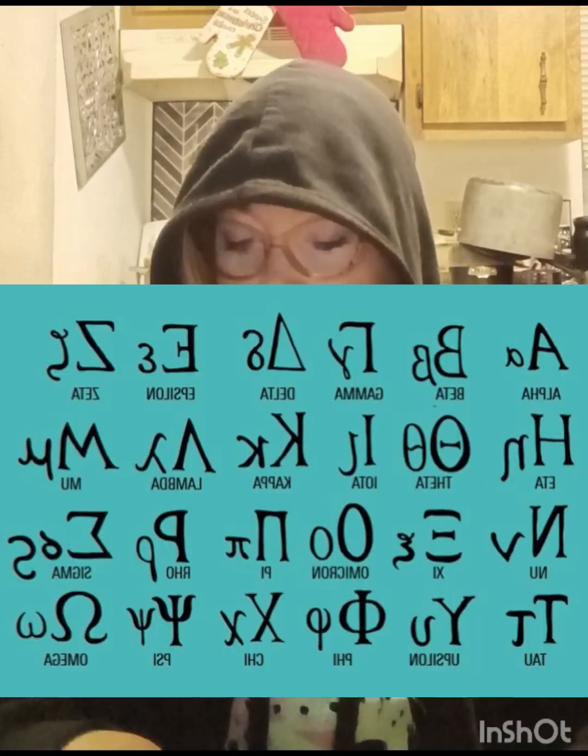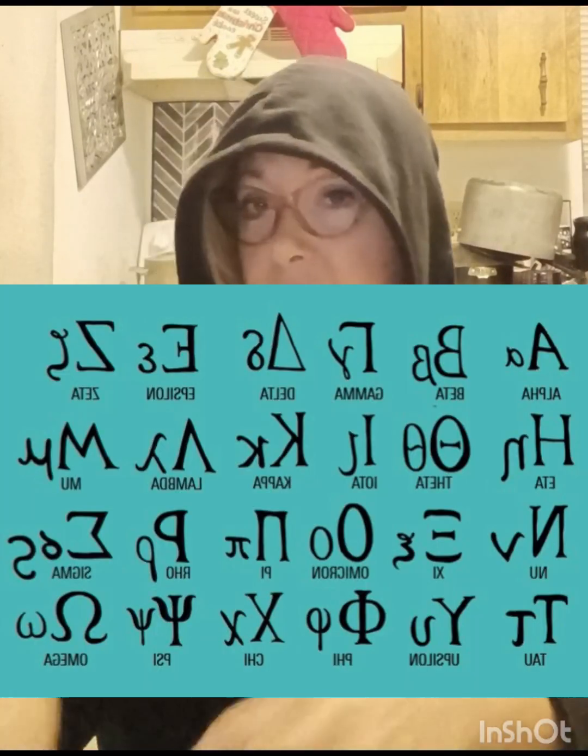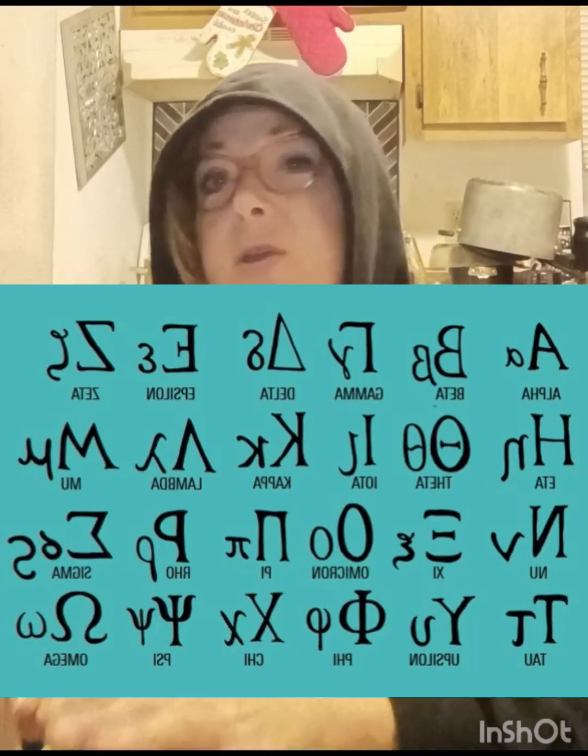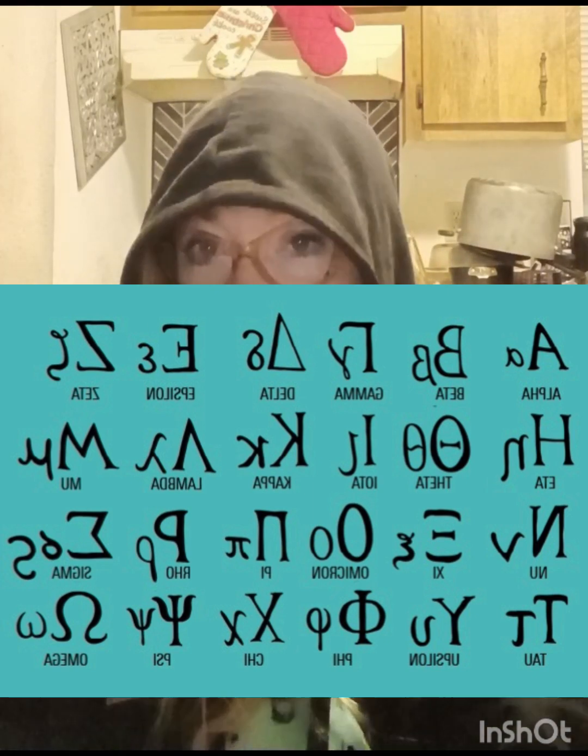Anyways, the same thing goes with the alphabet, because if you go in the order of how it started, it was Egyptian hieroglyphs, then it was the Phoenician alphabet, and then the Greeks adopted the Phoenician alphabet into their own language, and the Etruscans adopted the Greek alphabet, and then the Romans adopted the Etruscan alphabet.